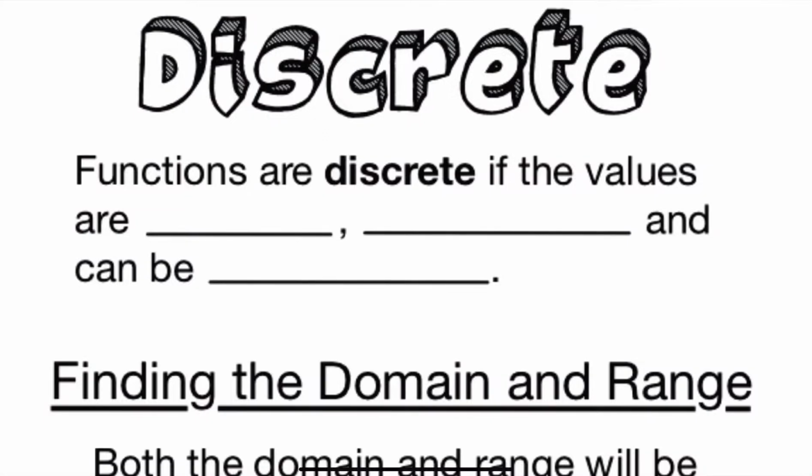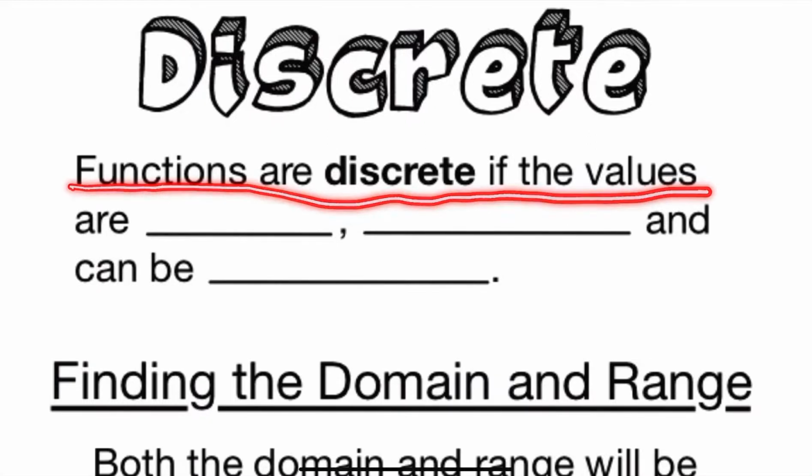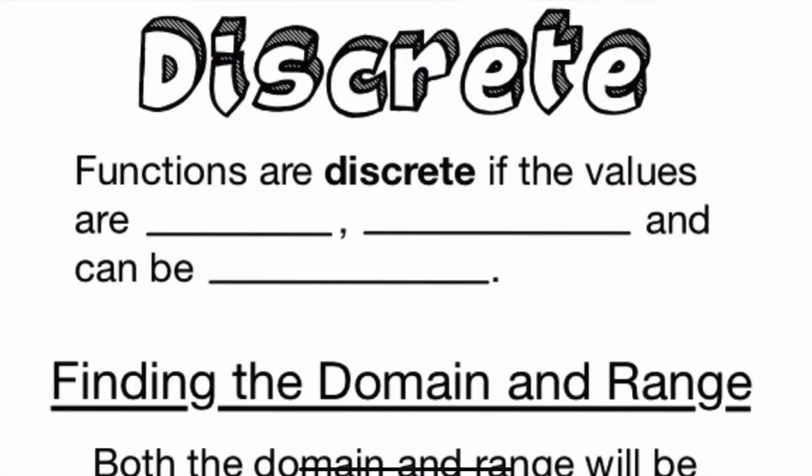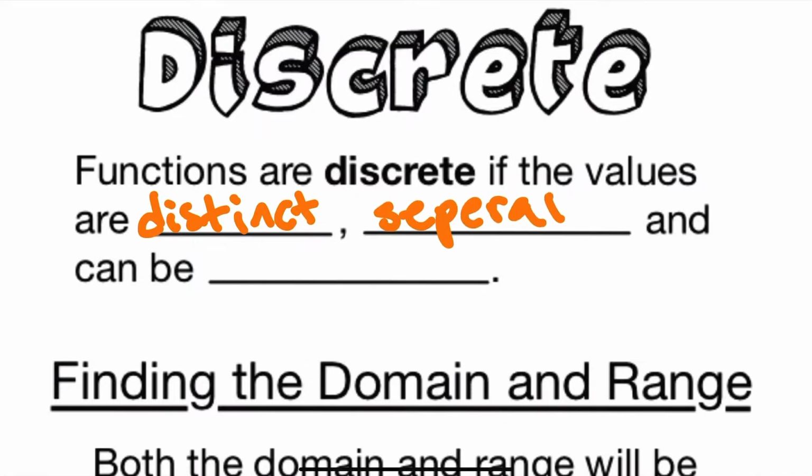All right, so discrete is a type of function. Functions are discrete if the values are distinct, separate, and can be counted.